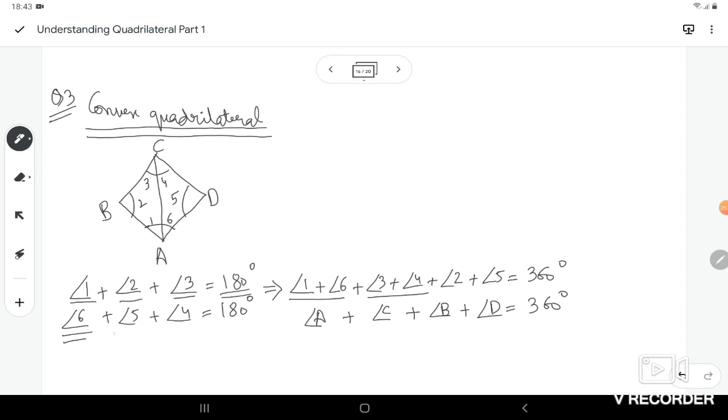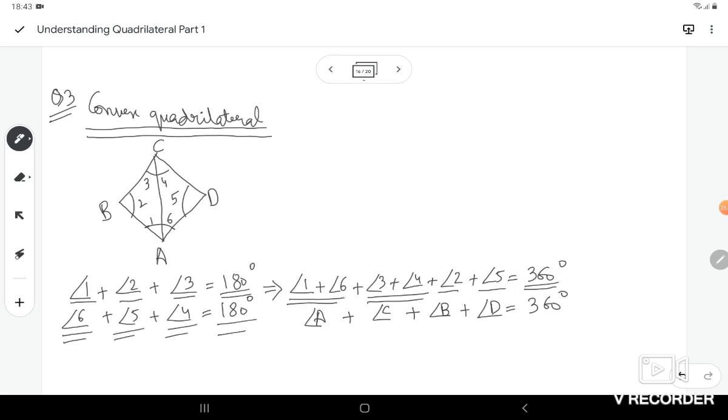Also angle 6 plus angle 5 plus angle 4 equal to 180 degree. That is the angle sum property of a triangle. On adding these two equations, we get angle 1 plus angle 6 plus angle 3 plus angle 4 plus angle 2 plus angle 5 equal to 180 plus 180 equal to 360 degree.